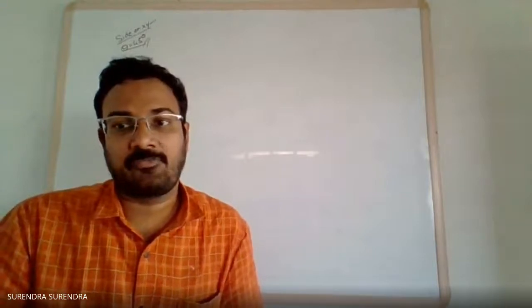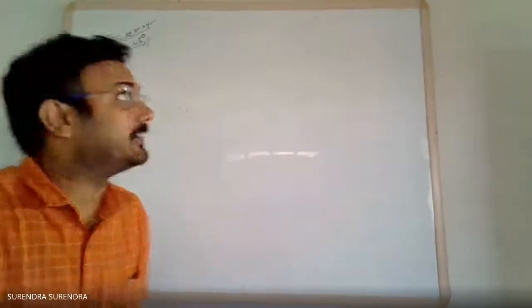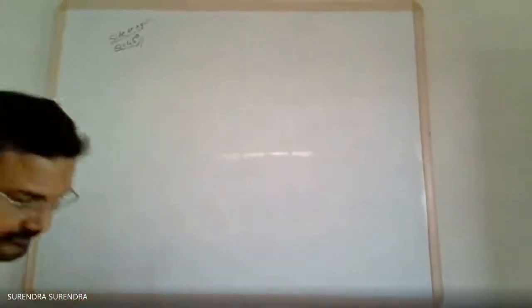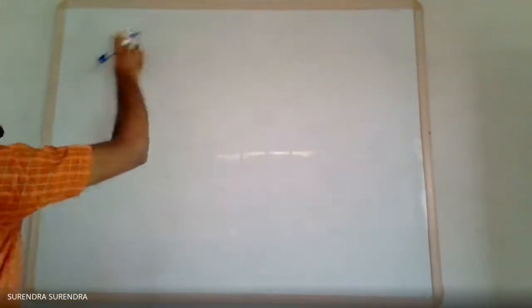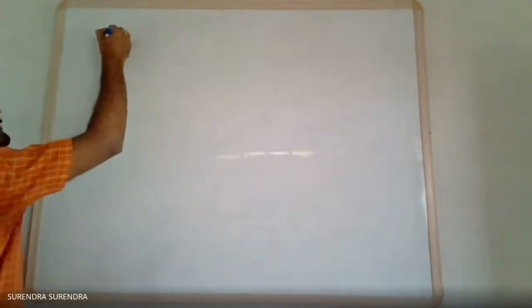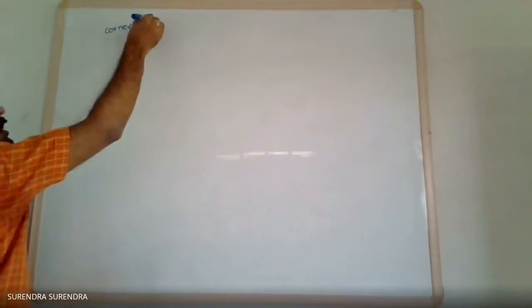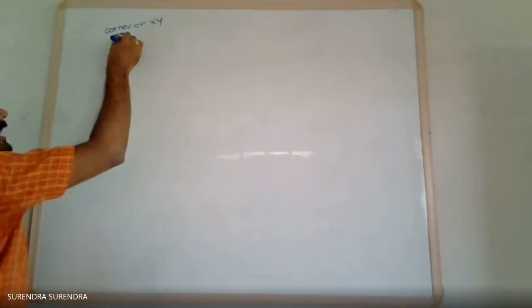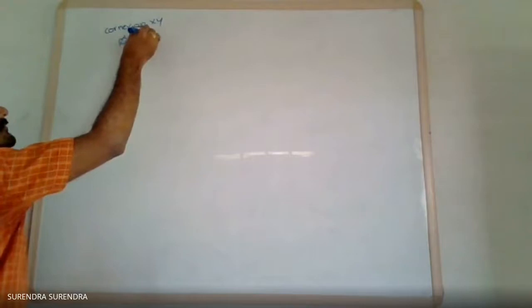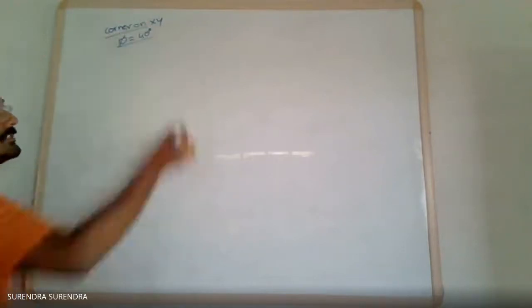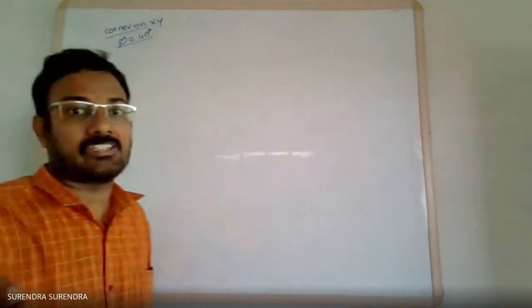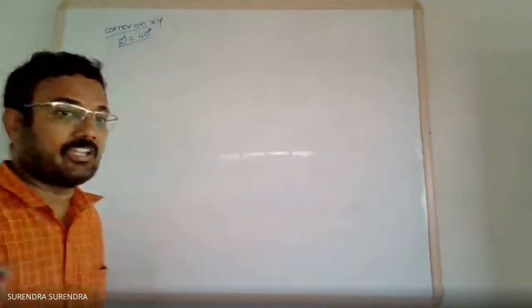Surface is inclined at 40 degrees to the vertical plane, means... so this is a problem based on corner. Corner on xy and phi equal to 40 degrees. So we can draw the hexagon in two different orientations.